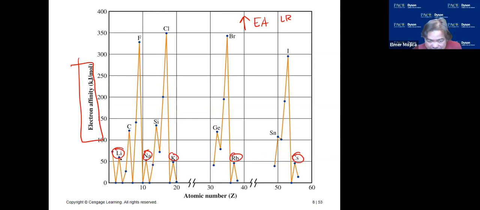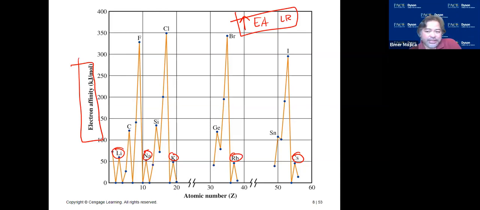You could see here, and even here, it increases and then it decreases. So I could just put it in terms of this one. That's why it's a little bit complicated, not as straightforward as atomic size or radius and ionization energy.